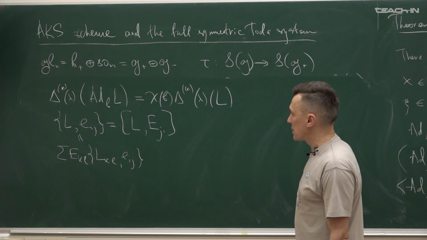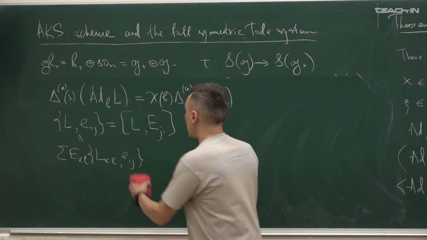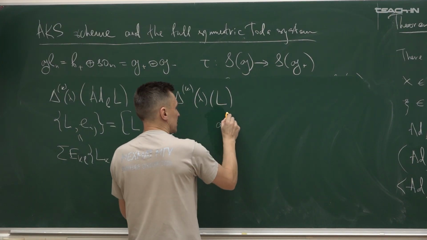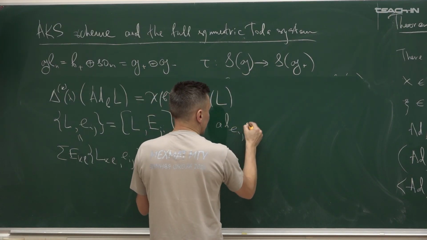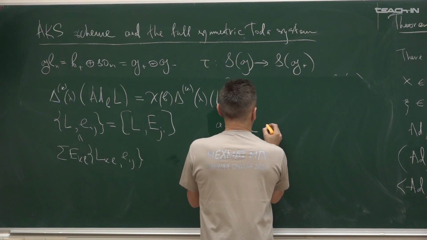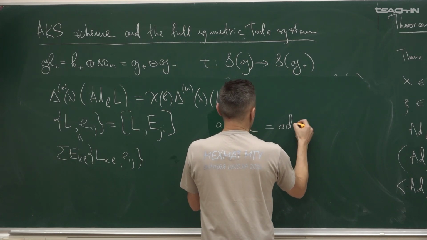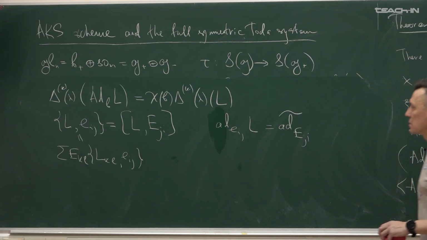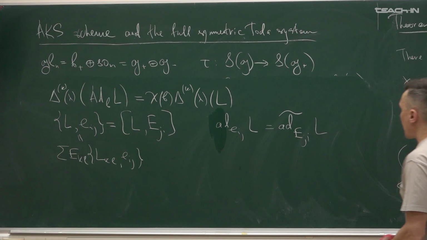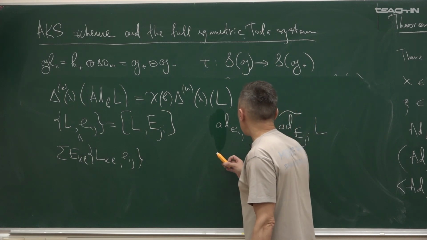And so it is useful to demonstrate a lemma. It's better to write it in the following way: the small adjoint action of the element Eij on L is the small adjoint action of Eij, but let us denote it with a tilde because it's a different action on L. Now we consider the action.